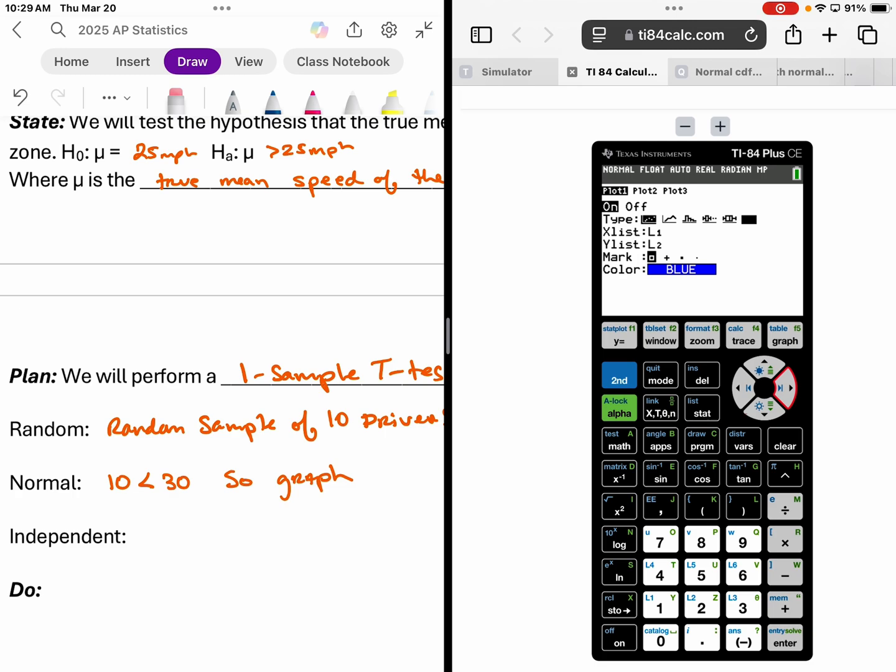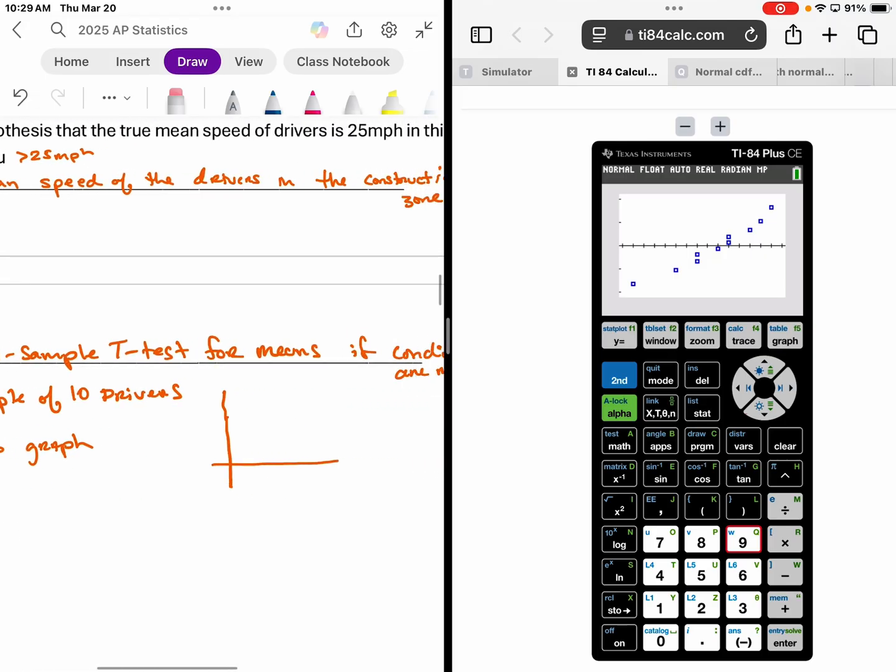That's the last one, which I use for normality. So I'm going to hit enter. All my data is in L1, and the rest of that looks good, so I'm going to hit graph. I won't see it because I'm dealing with stuff above 10, so I'm going to hit zoom 9 for zoom stat. And then I'm going to quickly try to graph this.